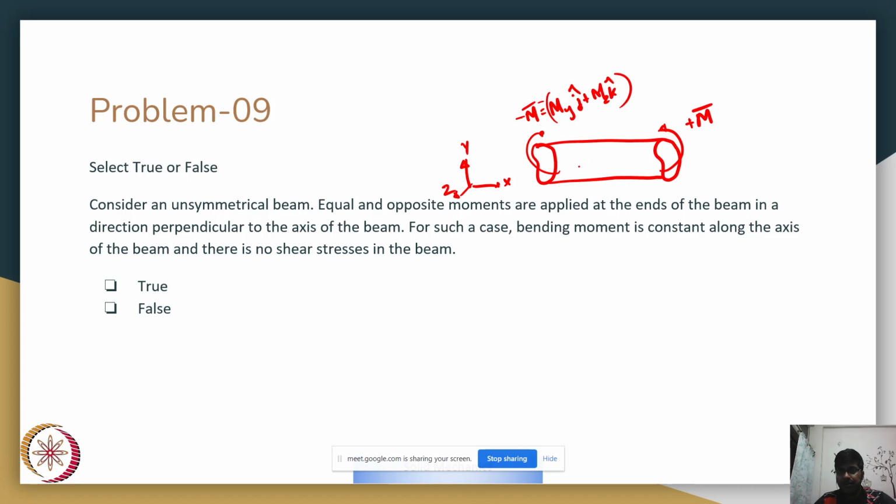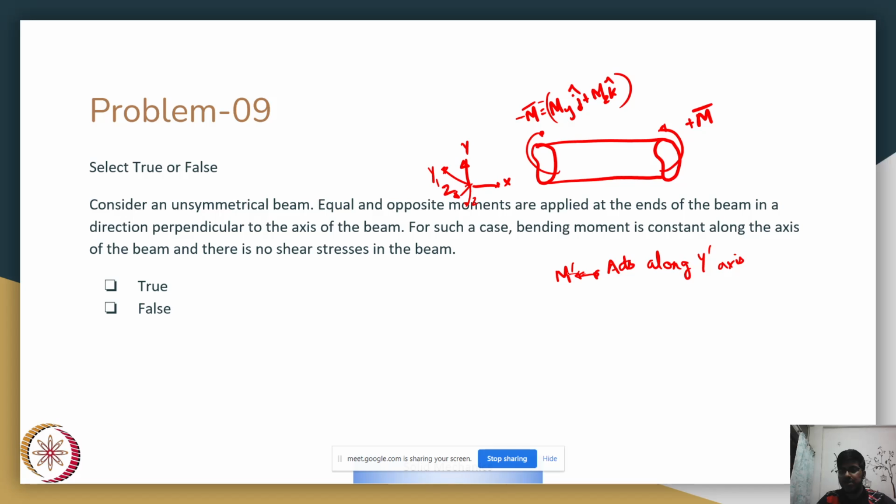The easiest way to go about this is, rather than thinking of it as My j hat plus Mz k hat, suppose we just rewrite this to be some y1 and z1 axis, and your moment is essentially applied along the y1 axis. So M dash is the moment acting along the y dash axis.